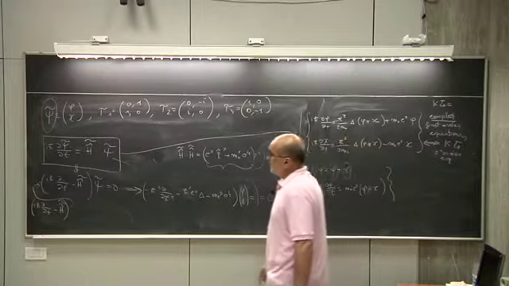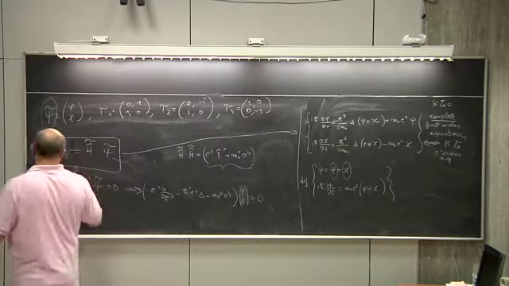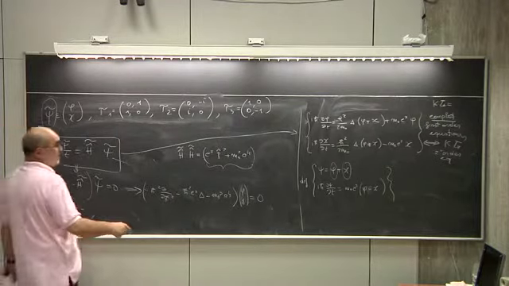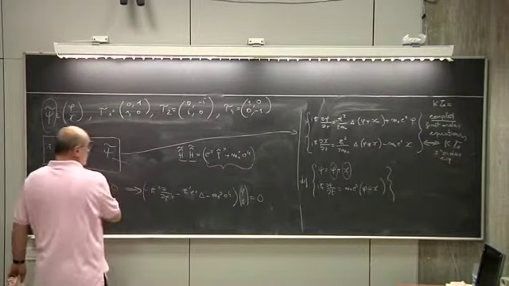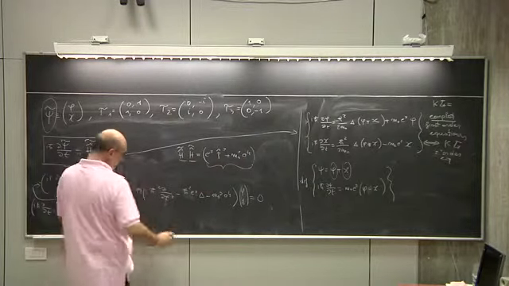I start from this, I apply this, and I know that when I multiply two of these Hamiltonians, I get the Klein-Gordon. So if you go on and do the calculation, you get these things.